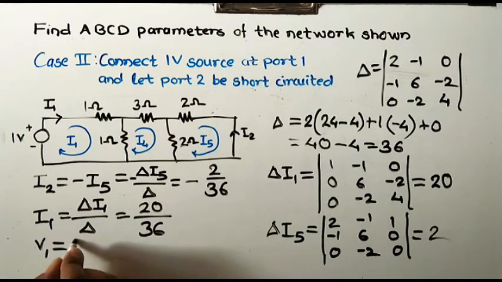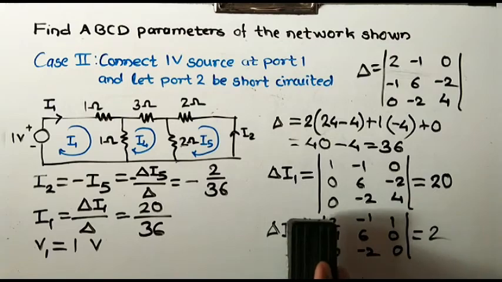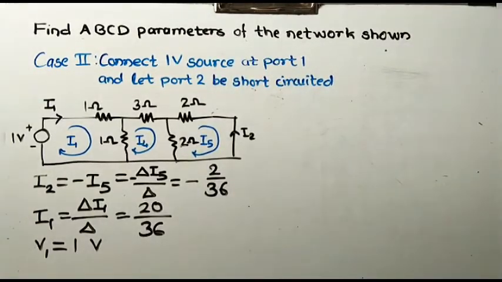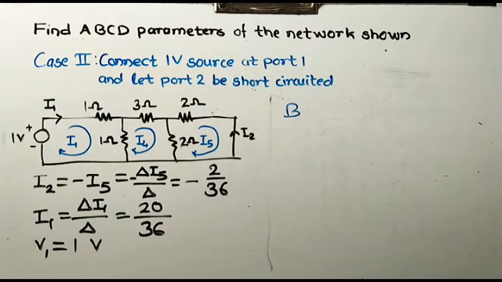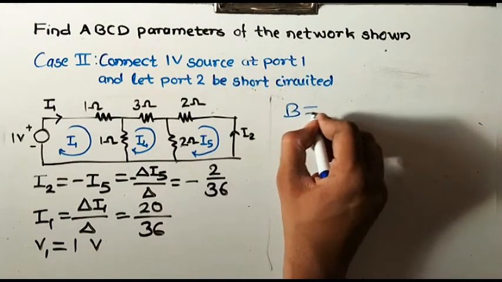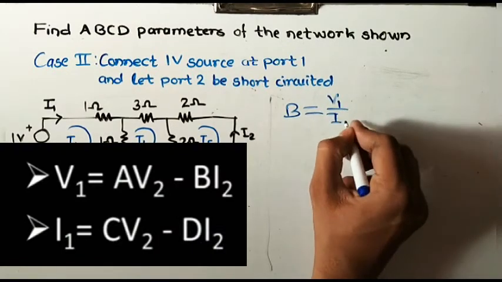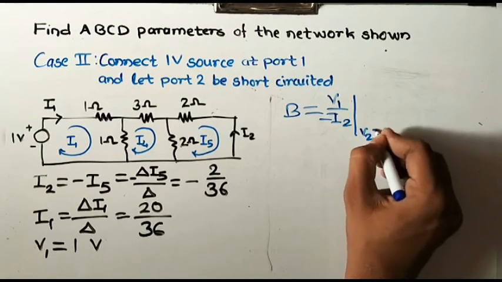V1 is already here, V1 is equal to 1 volt. Now we just have to use the formulas to calculate the values of B and D. So we'll find B and D here. The formula for B is V1 upon minus I2 for V2 equal to 0.